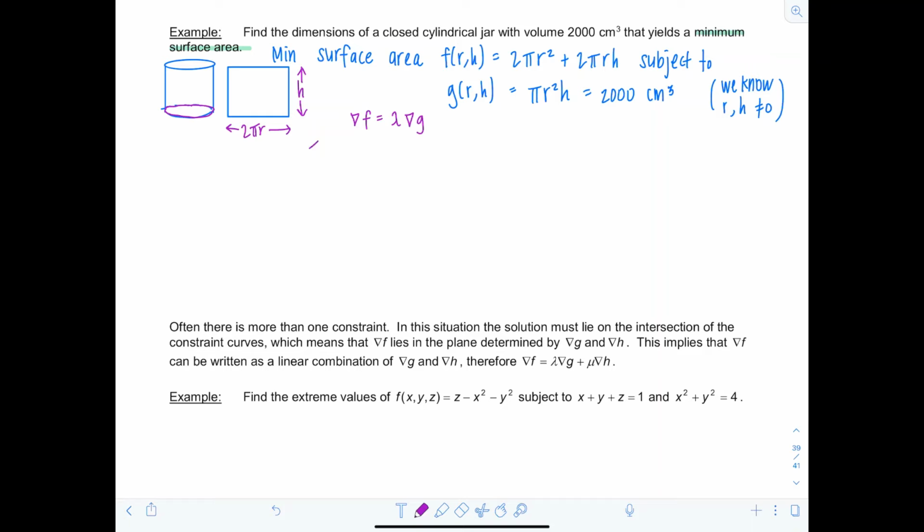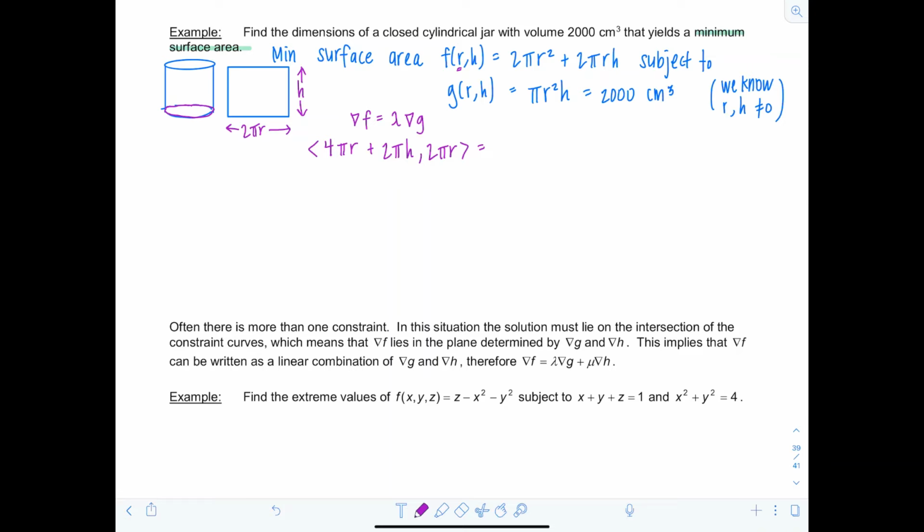Okay, so first I'm going to take the partial derivative with respect to r, since I wrote f as a function of r first. So then I would have 4 pi r plus 2 pi h. And then now I'm going to take the partial derivative with respect to h, which would just be 2 pi r.